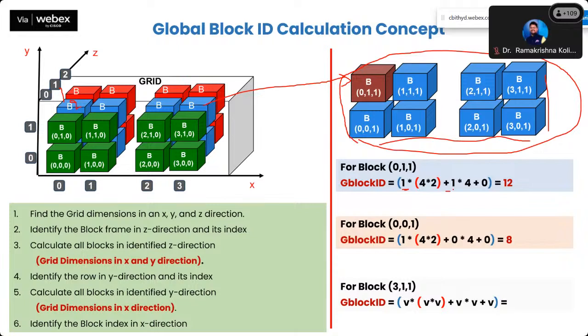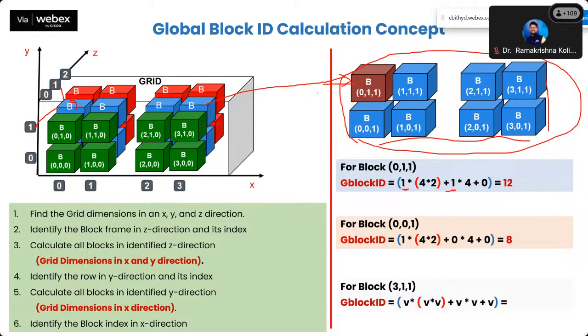Then I go to the y direction. I am coming from the z direction, then y direction and x direction. In the y direction, the index value for this block is 1.